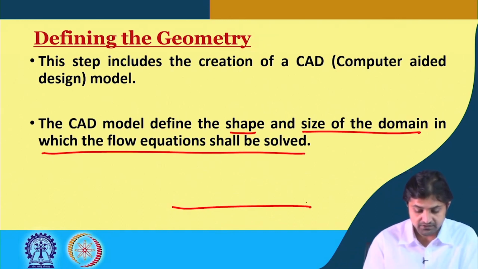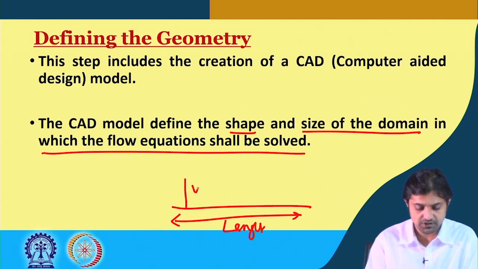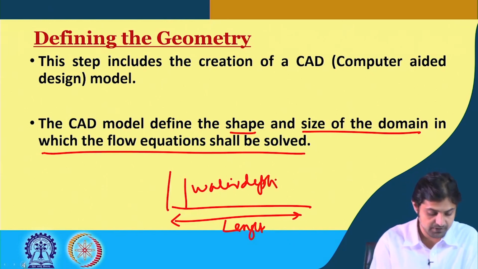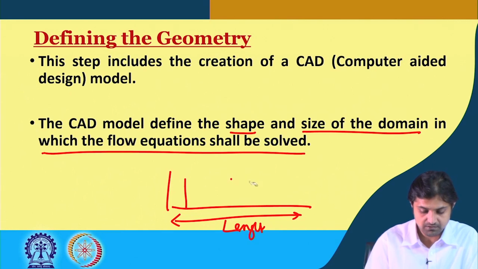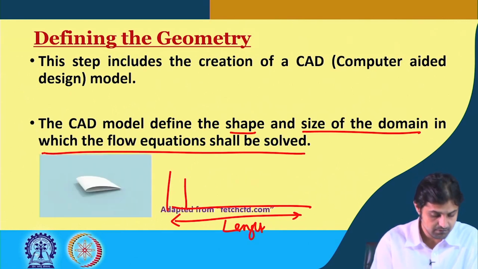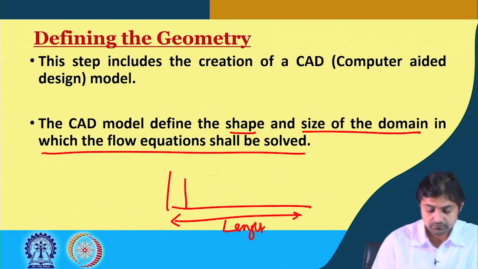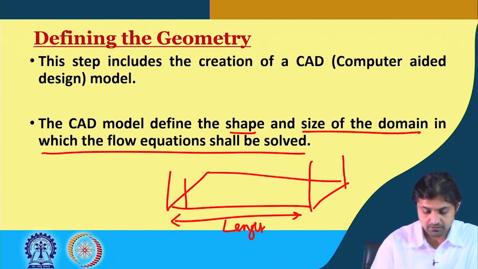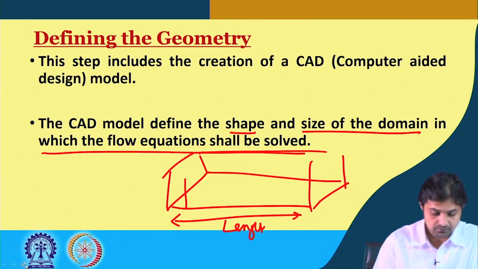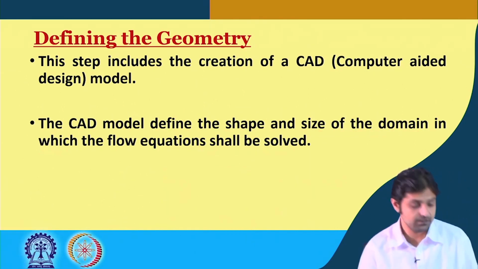So, what the length would be, and the depth of the tank, actually not the water depth. And also the width in 3D. Understand? The shape and the size of the domain.